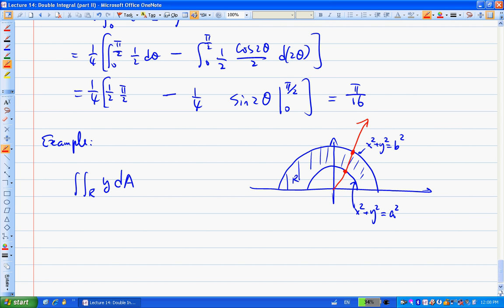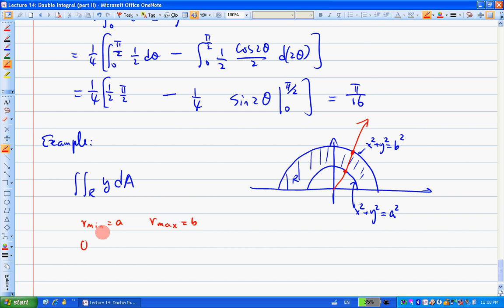These two contact points will give us this r min and r max. In this particular case, the first contact is here, second contact is there. So r min is a and r max is b.